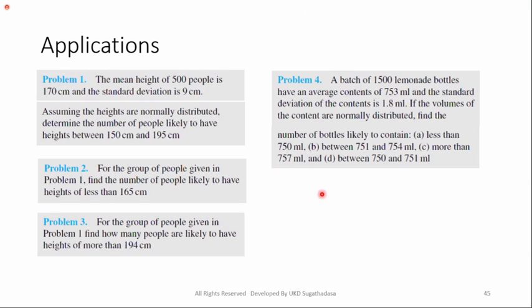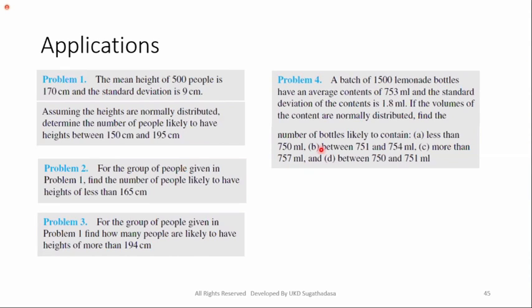Calculate probability X greater than 757, Z greater than 757 minus 753, that is the average, divided by 1.8. You get 2.22, no? Z greater than 2.22. Now we have to read the table value. Take 1 minus that number, because for greater than, it will show the right hand side area, but the normal table gives the left hand side.